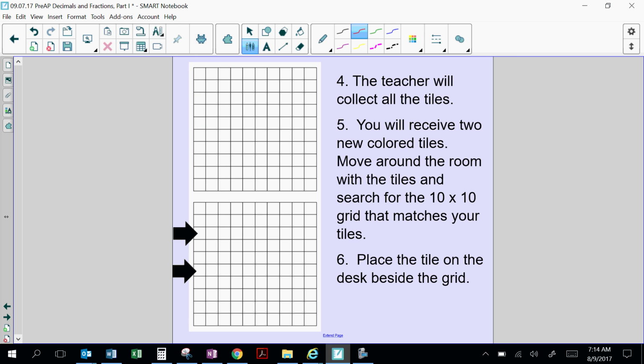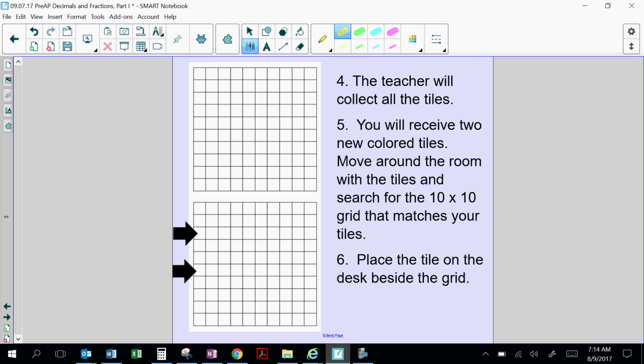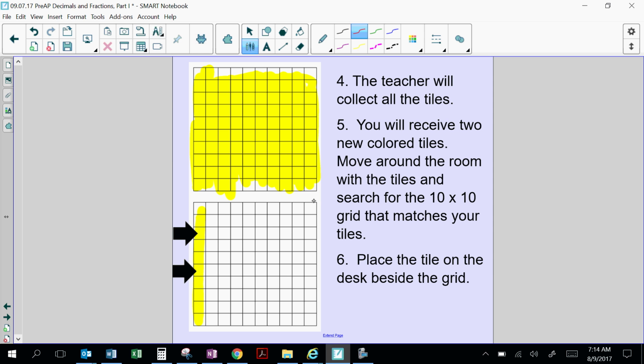So let's do another example. What happens if yours says shade in 110 squares? So that's 1 whole square and this. So my decimal equivalency would be 1 whole square and 10 hundredths.